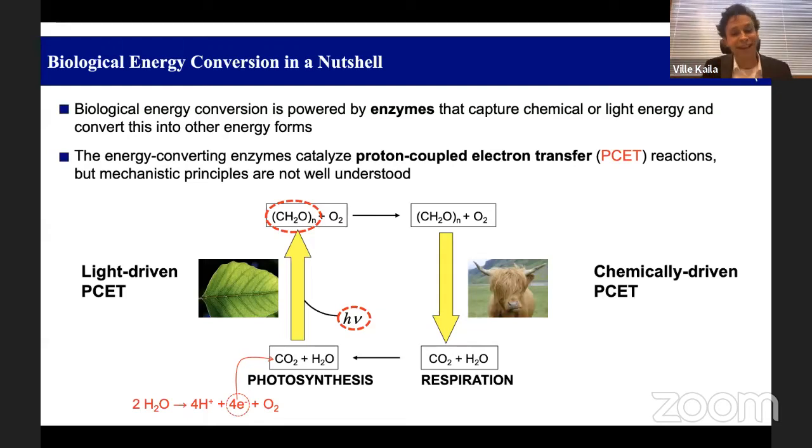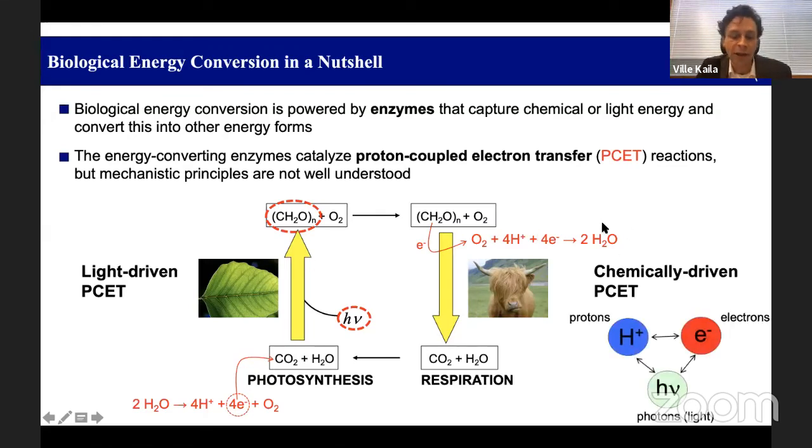And then you take these high potential energy electrons back and combine them with something that's a good electron sink, for example, dioxygen. And for that, you need some protons as well to get water back.